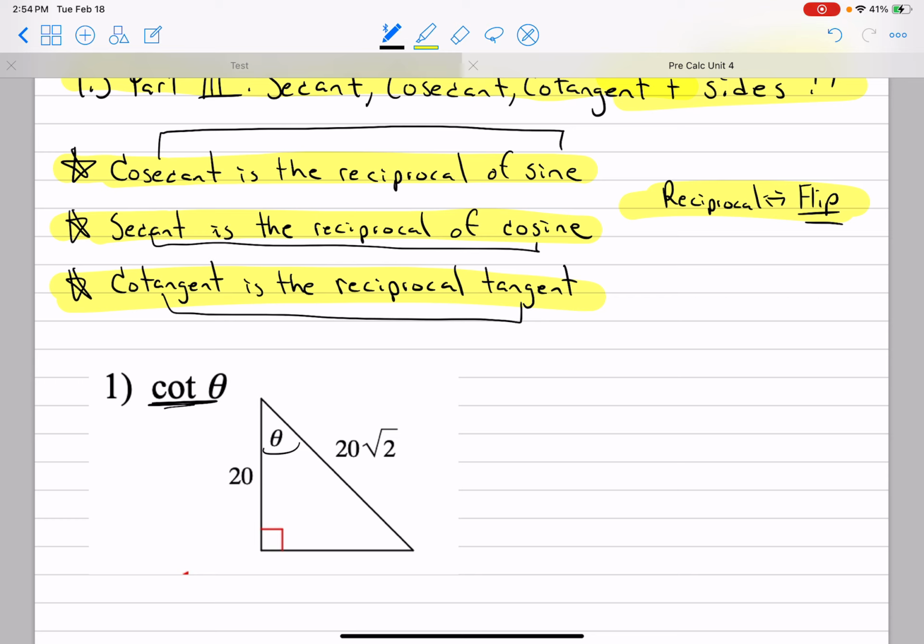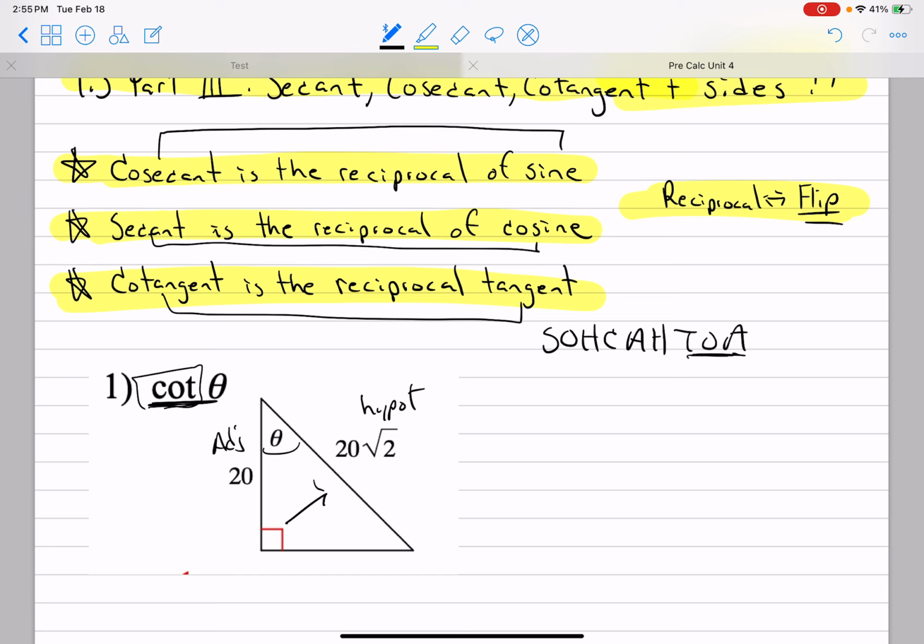Like always, I'm going to start by labeling this triangle. This is the hypotenuse because it's across from the 90 degree angle. This is theta, this is adjacent. I'm also going to look at SOHCAHTOA. Now, cotangent is the reciprocal of tangent.